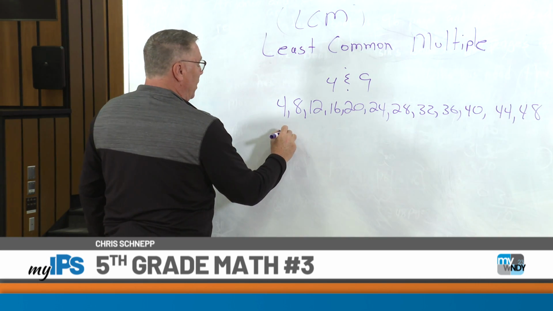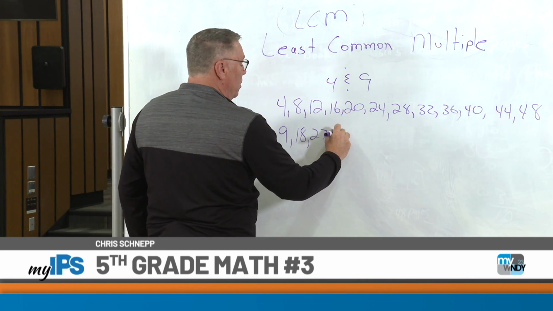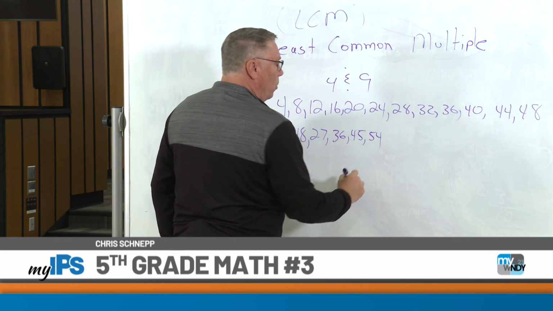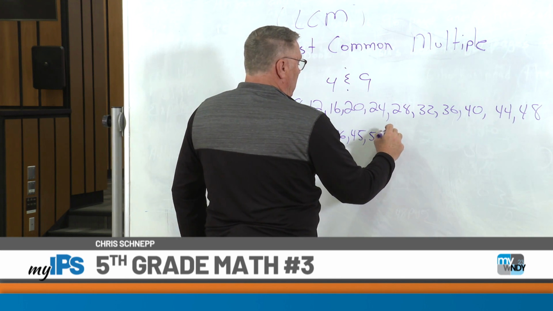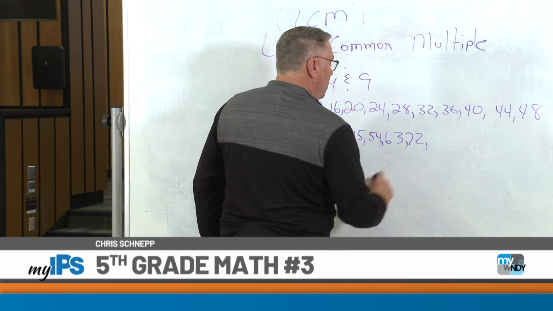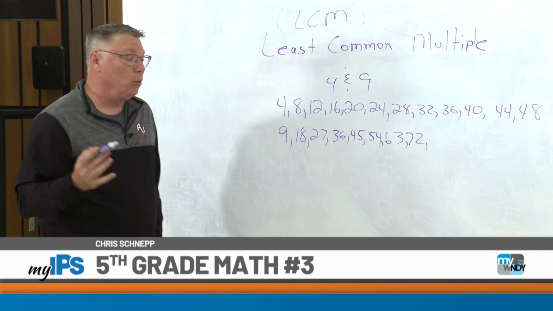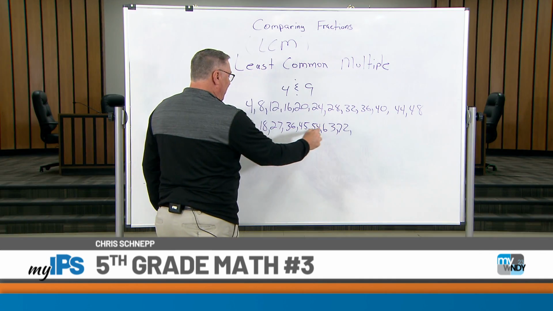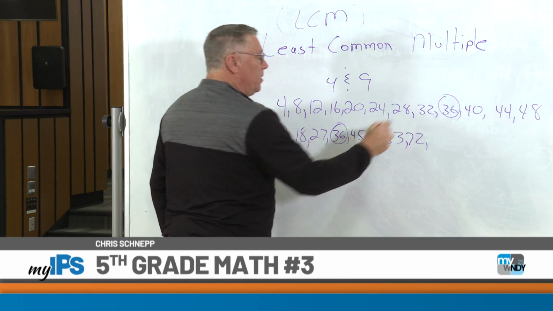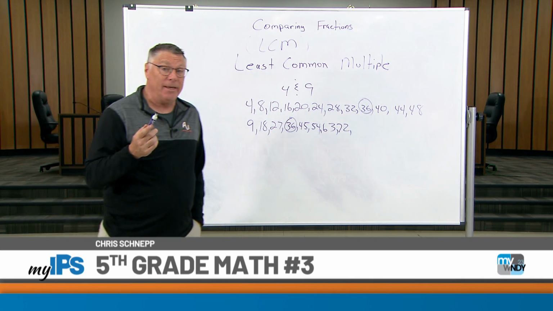And the multiples of 9: 9, 18, 27, 36, 45, 54, 63, 72. We can stop there. As I look up and down both lists, I see a 36 here and a 36 there. So the least common multiple of 4 and 9 is 36.